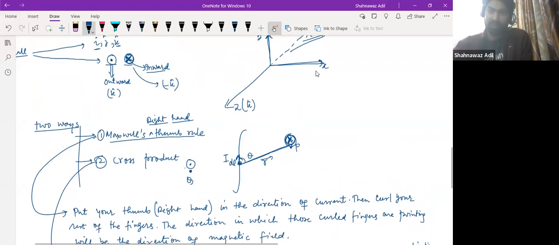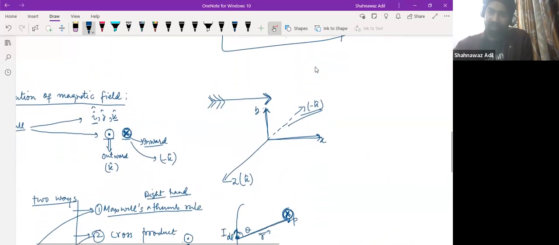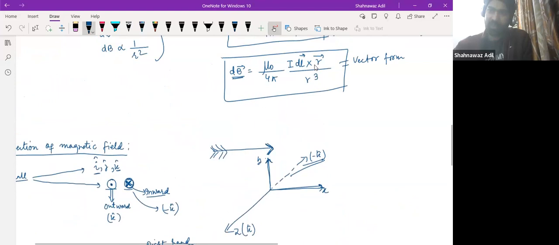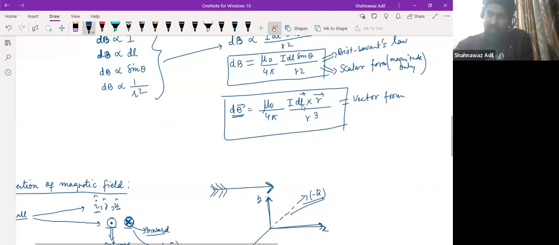Yes, sir. So we have the vector notation, remember dl cross r. We will put our palm in the direction of dl such that our fingertips are in the direction of dl and our palm in the direction of the r vector. Then we curl our fingers and the thumb will point out the direction of the magnetic field, dl cross r.